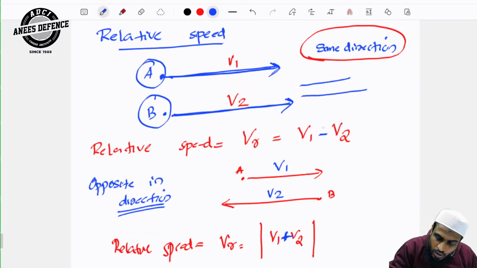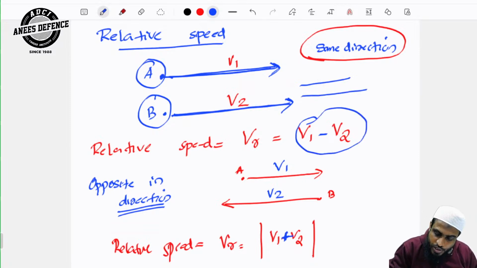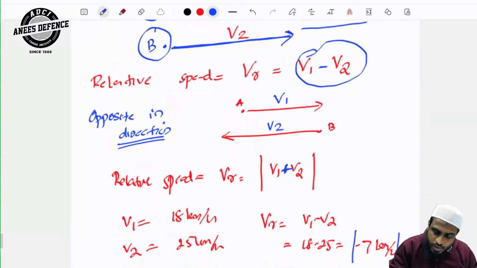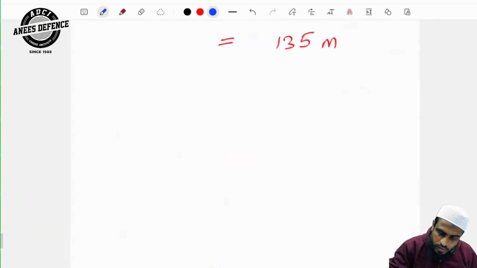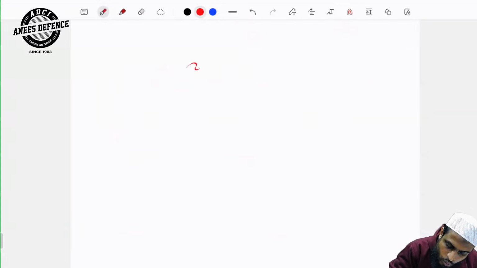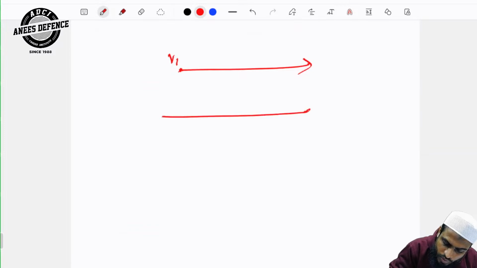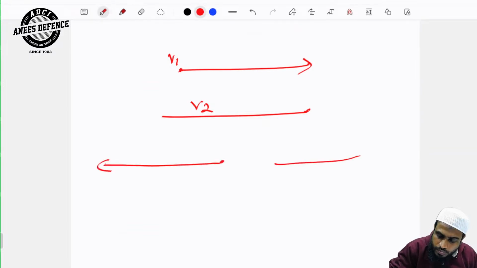So the concept is v1 minus v2. In the opposite direction, if a body is moving with a velocity v1 and the other body is moving with a velocity of v2, they are moving at a faster relative rate, because both are in the opposite direction, meaning they are moving away from each other.